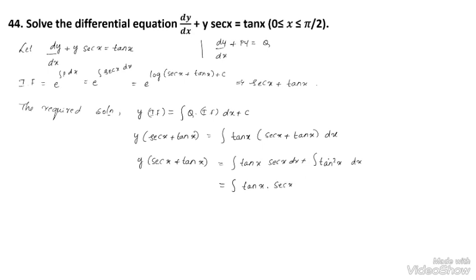Then tan square x can be written as sec square x minus 1, by using the identity 1 plus tan square x is equal to sec square x.